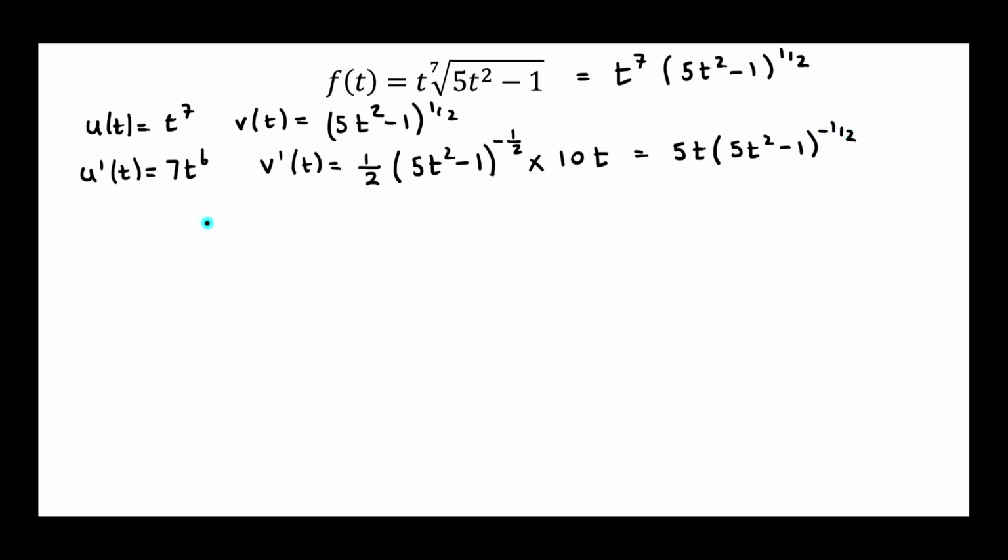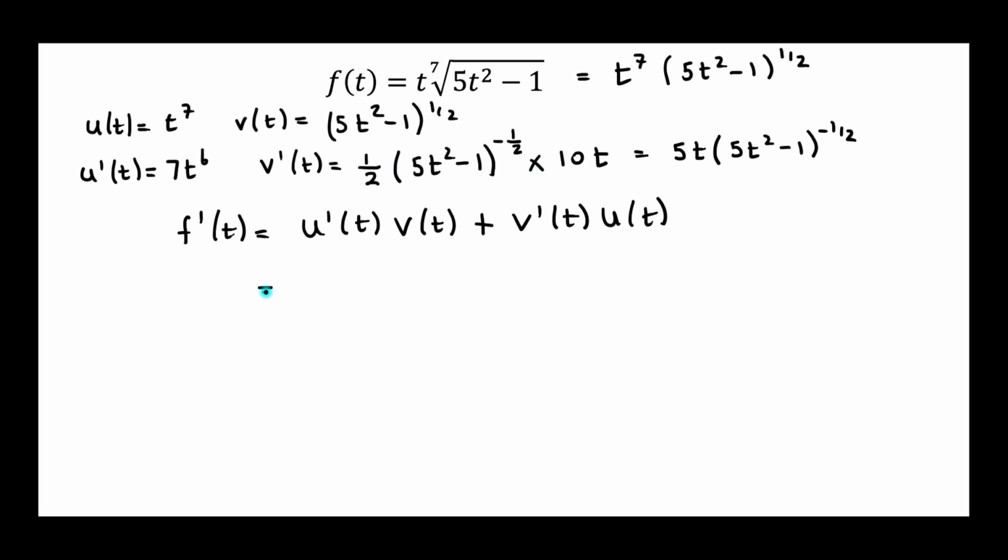Now if I go ahead and write my product rule, f dash t would be u dash t times v(t) plus v dash t times u(t). So all I need to do now is substitute all these values in there.